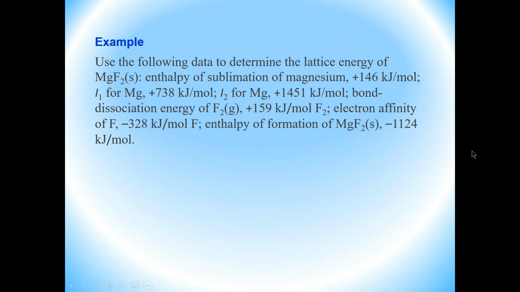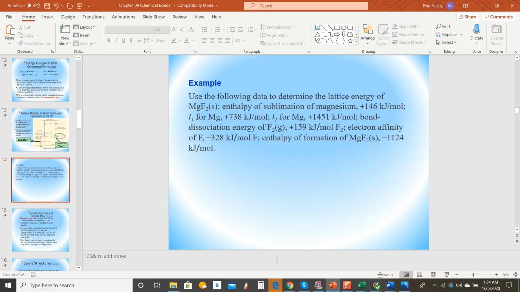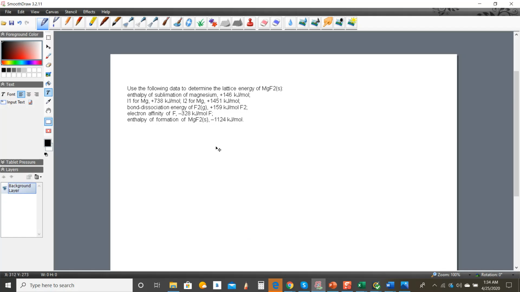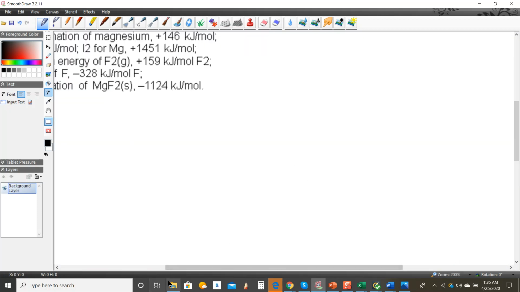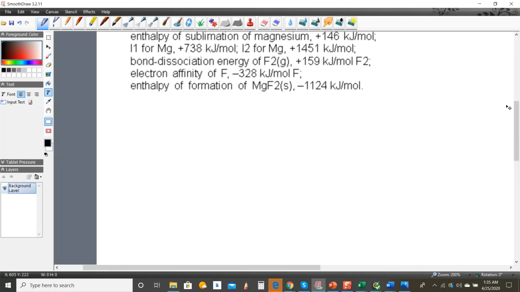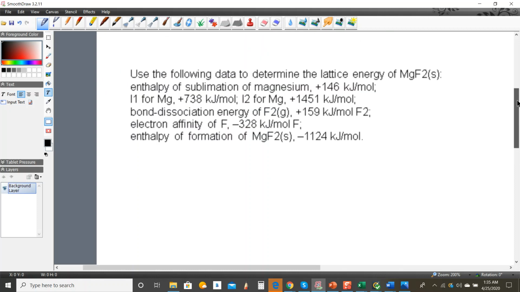Okay, so what I've done here is that I copied and pasted this onto this slide so that I can have more space to solve this problem. So what I'm going to do is make this larger so that you can see what's happening here, so that I'll have enough space to do my work.